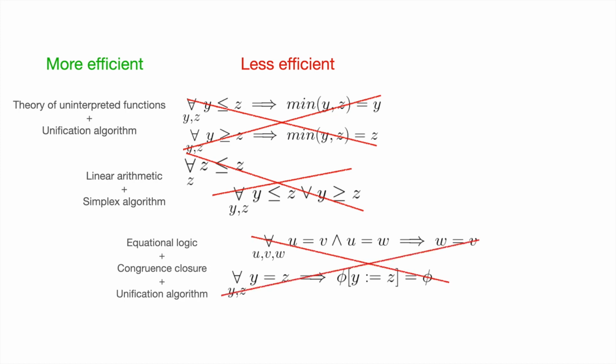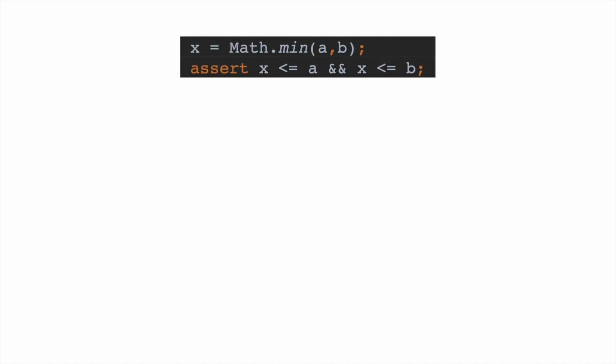Also notice that the fewer axioms we use, the smaller formulas we obtain, and smaller formulas can be checked more efficiently by the SAT solver. However, no matter how much we optimize, there will always be the risk of very long or even infinite computations. That's why, when we try to prove correctness of a specification, we have to make a choice.